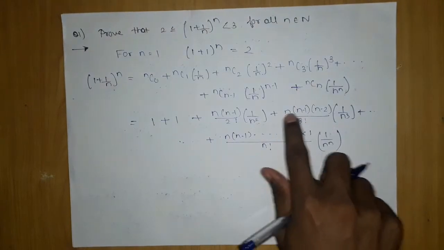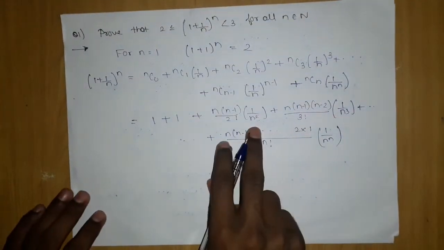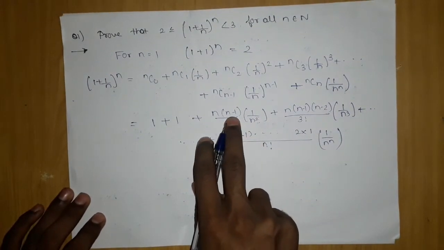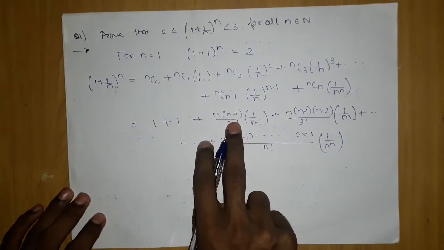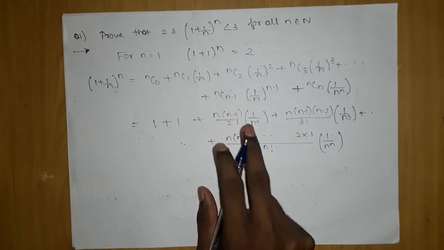So we move this n to this (n minus 1), and n divided by n will become 1 minus 1 by n.